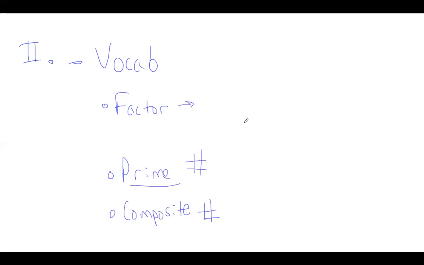This one's a little more important, but a factor, basically what we need to know about a factor is that it's a number that goes into another number. So for example, I'll write that down: a number that evenly goes into another.